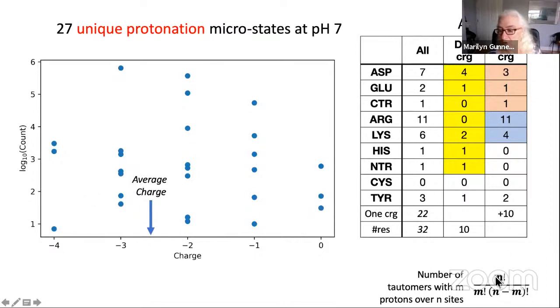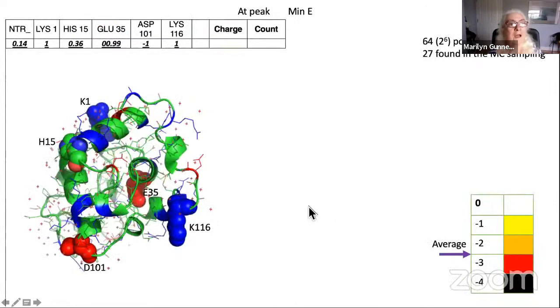And again, just to remind you, for a given number of sites and given number of protons, M, you have these number of tautomer states. Okay, so that's the rule. And so this is the average protonation state in the Monte Carlo average for, say, 6 amino acids that are changing their charge at pH 7 in this calculation.